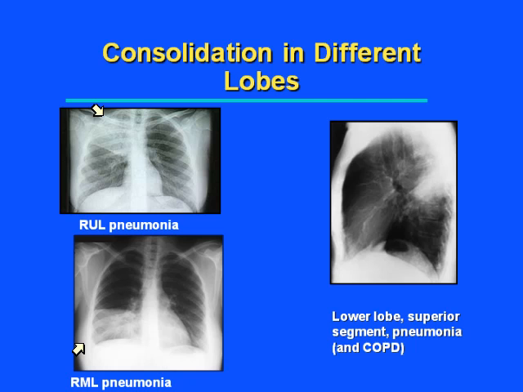And here's an area of consolidation. If you look at the x-ray, which is a lateral view on the right now, that's a superior segment of the lower lobe. And again, you can see how high up that goes. So you'll be almost feeling like you're listening in the upper part of the lung, but the lower lobe extends to that area.